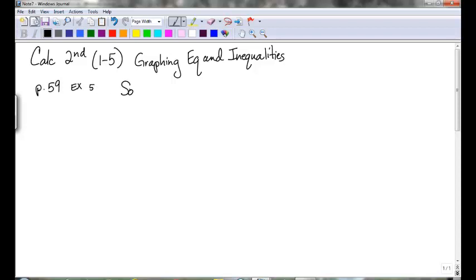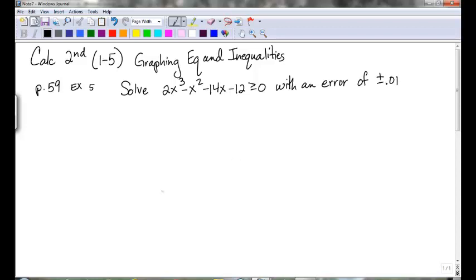It says to solve 2x cubed minus x squared minus 14x minus 12 is greater than or equal to 0 with an error of plus or minus 0.01.